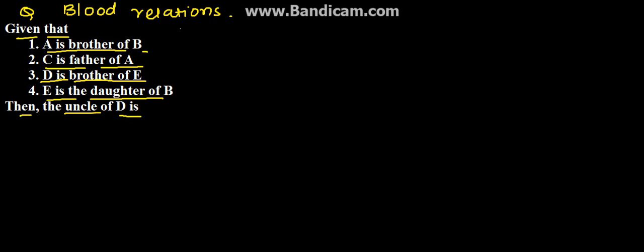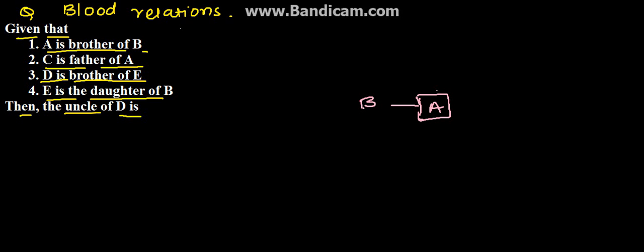So here we will draw according to the points. We have been given that A is brother of B. So B is here and A is brother. Now the second condition: B can be a girl or a boy because they have not specified that B is a girl or a boy, but A is brother, so he is a boy, so we'll put it in square bracket.